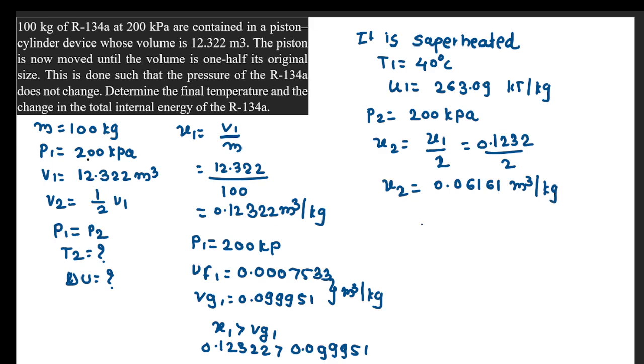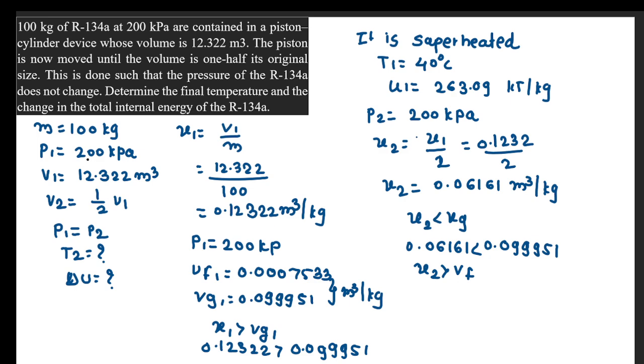Now here you can see that v2, around 0.06161, is less than vg, 0.09951, and v2 is also greater than vf.